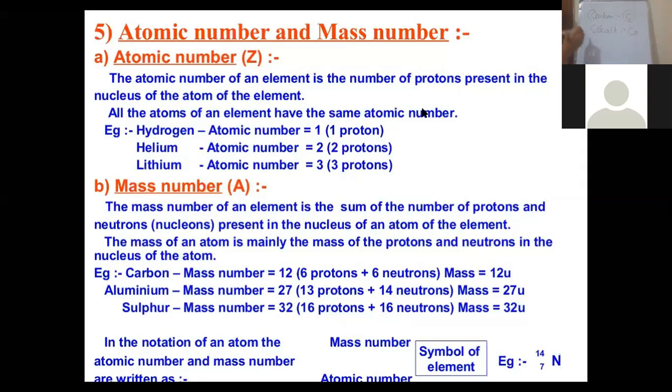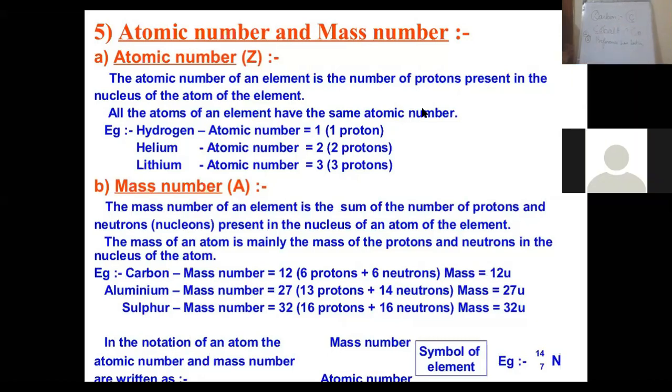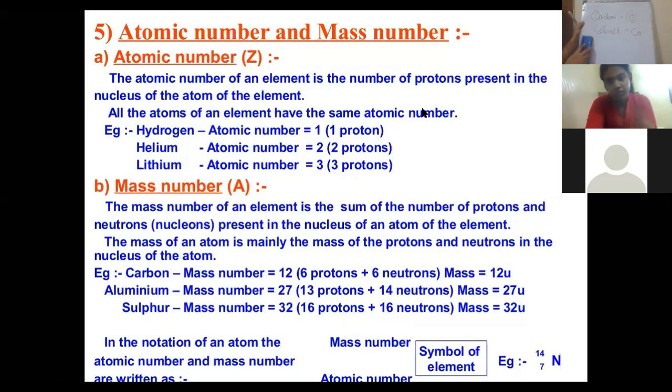Then the third thing to be kept in mind while writing the symbol is preference. Preference has to be given to the Latin name, not the English name, for assigning symbols to the elements.